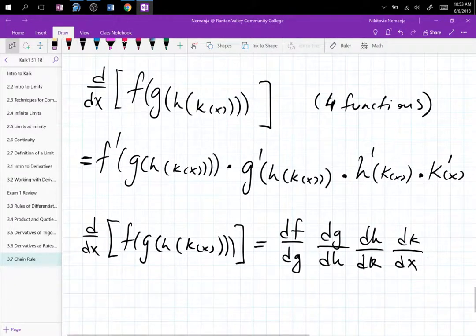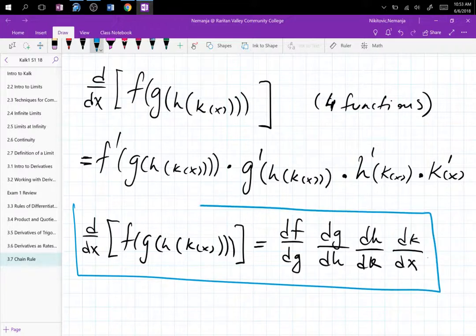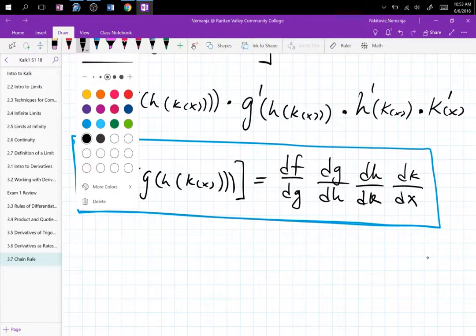It is a much better formula to write because it's far less writing. And this is if you chain 4 functions. You can kick out k, then you have 3 functions. You can add another variable, have 5. So whatever.